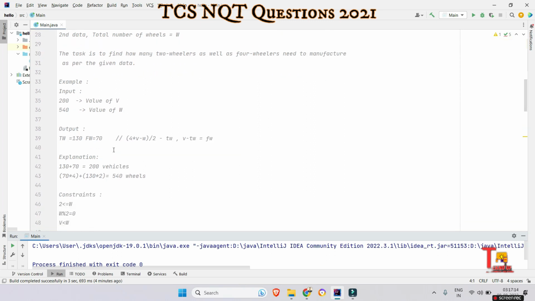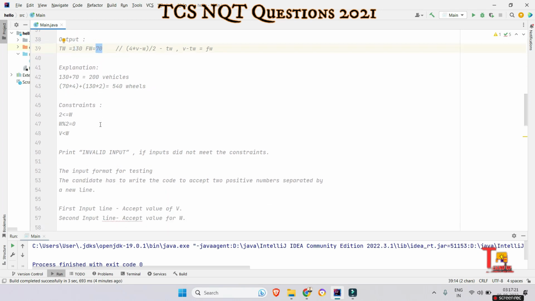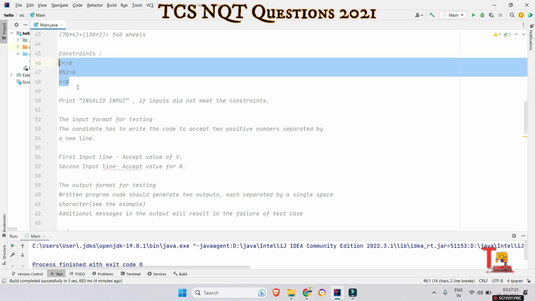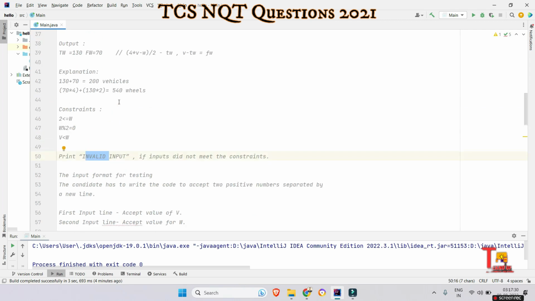The output is like 130 two-wheelers and 70 four-wheelers, right? And the constraints are these, right? This should be followed, otherwise the program will print invalid input, right?